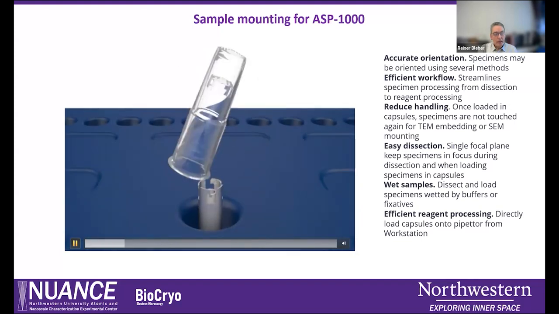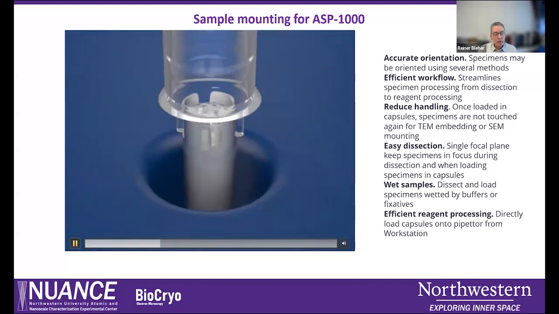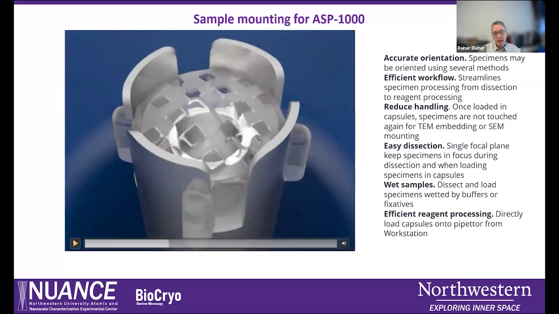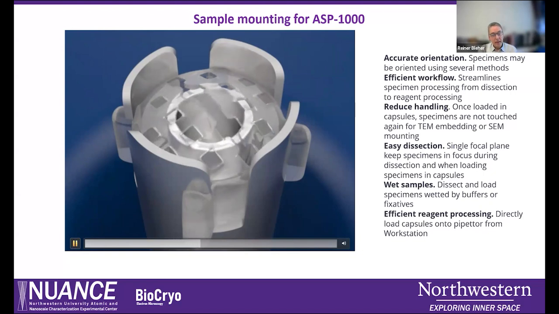First of all, we have to place a screen here in this insertion tool. We can do that either using a capsule as we have seen, but we can also do that with a tweezer or by hand. Once that is done, we can use a clamp mechanism that is good for samples that are sturdy enough and that need to be kept in a certain orientation.